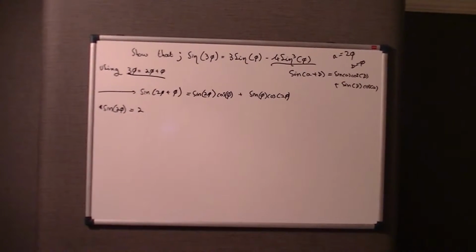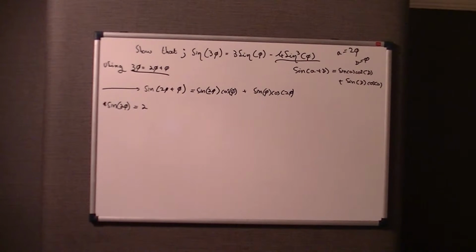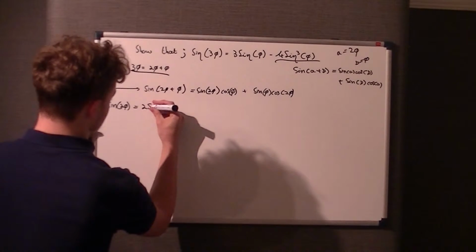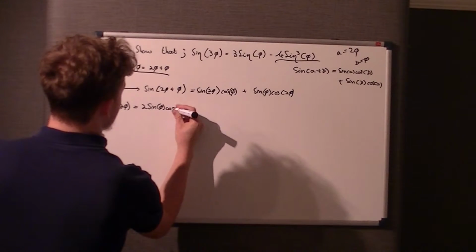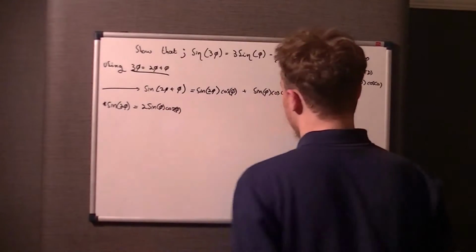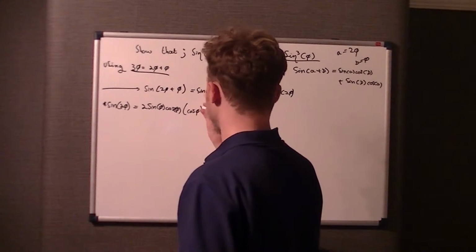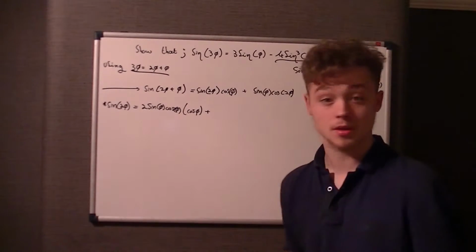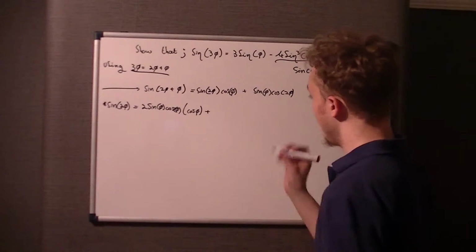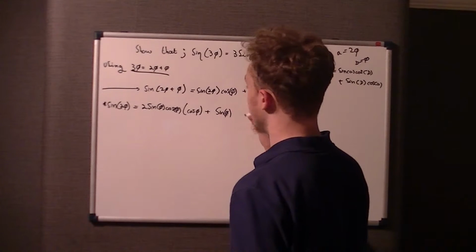We should know our double angle identity for sine: sine 2 theta is equal to 2 sine theta cos theta. And obviously that is times cos theta. I'm not going to expand that just yet, because we need to do this in stages, but you can do that if you're feeling lazy. And then it's sine theta times cos 2 theta.